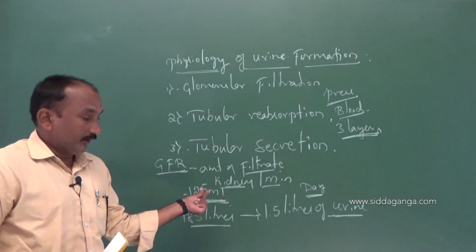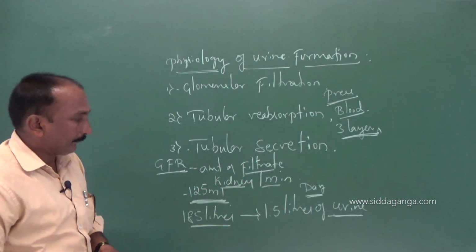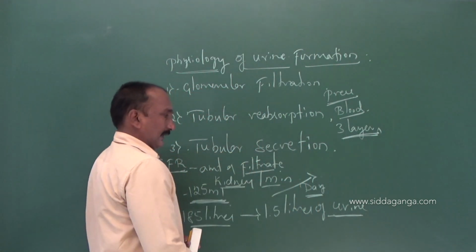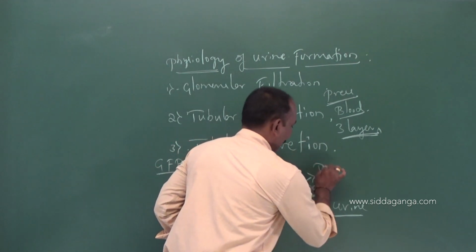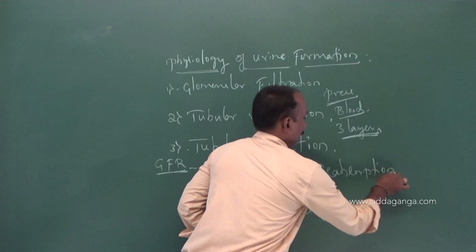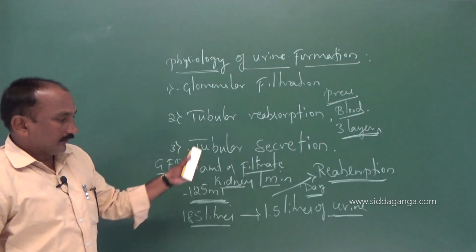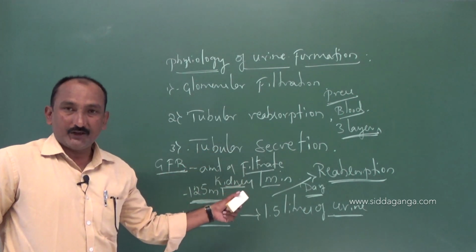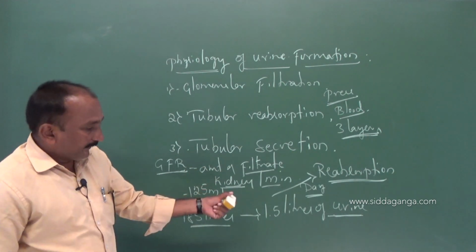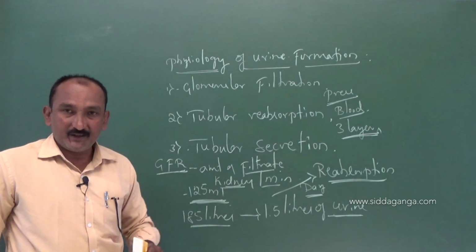That is mainly due to one of the major processes, called reabsorption. Due to this, 185 liters of filtrate are converted into 1.5 liters of concentrated urine.